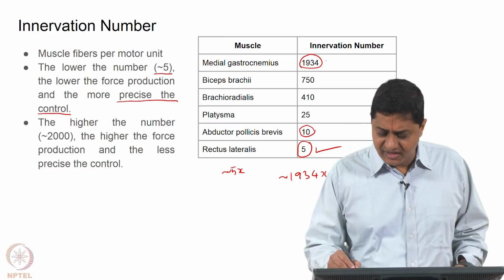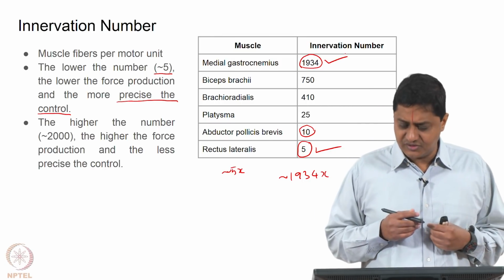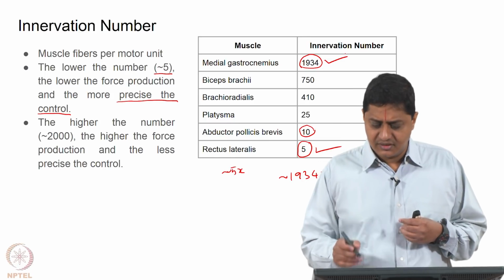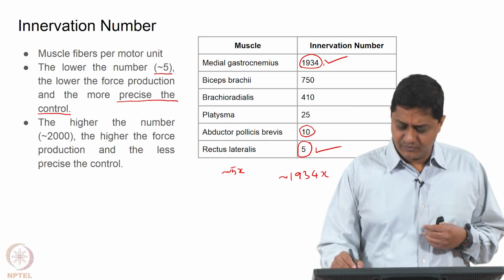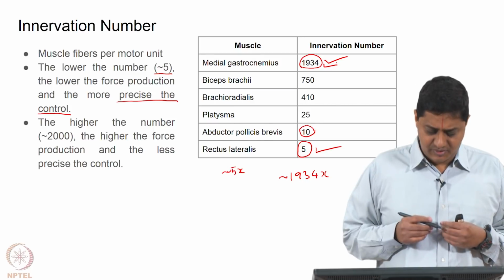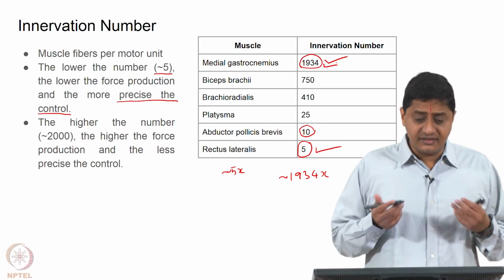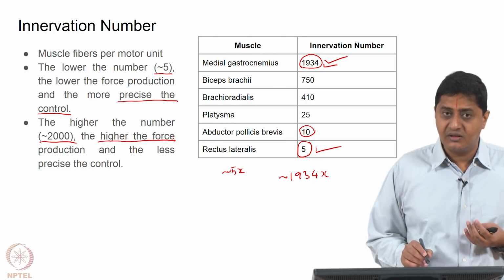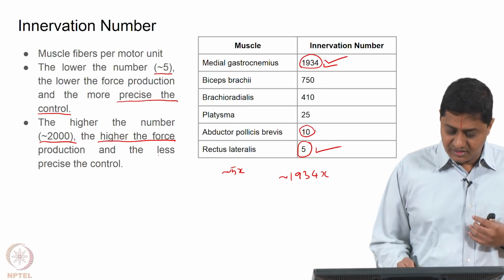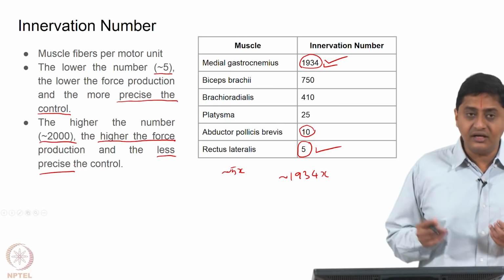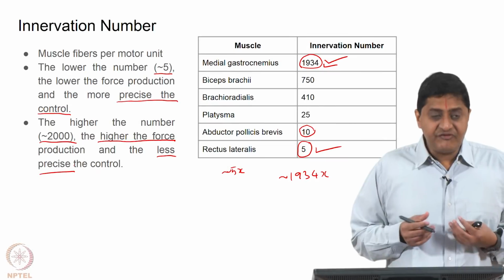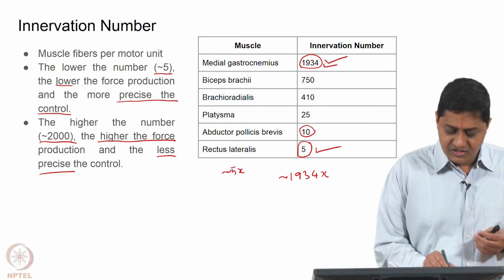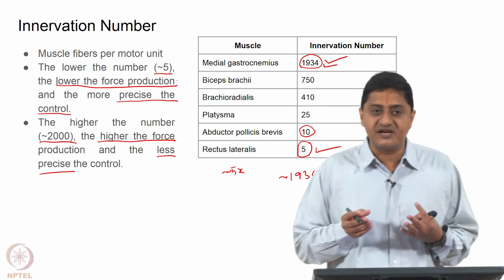When I need to produce a large amount of force, I could choose the motor unit that produces that amount of force. In general, the higher the innervation number, which is approximately 2000, the higher is the force, but that also comes at a cost. The control is less precise. I cannot control this very precisely. If I need very precise control, the amount of force produced is going to be small. So, there is a compromise, there is a trade off.